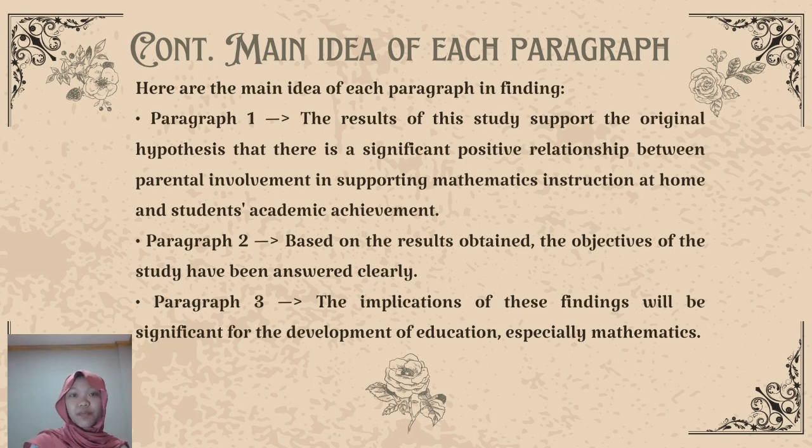In paragraph 2, the main idea is based on the results obtained, the objectives of the study have been answered clearly. In paragraph 3, the main idea is the implication of these findings will be significant for the development of education, especially mathematics.